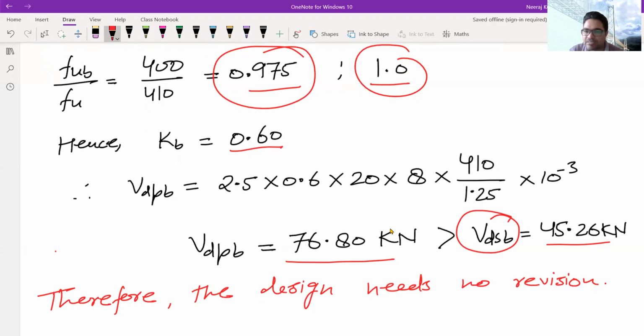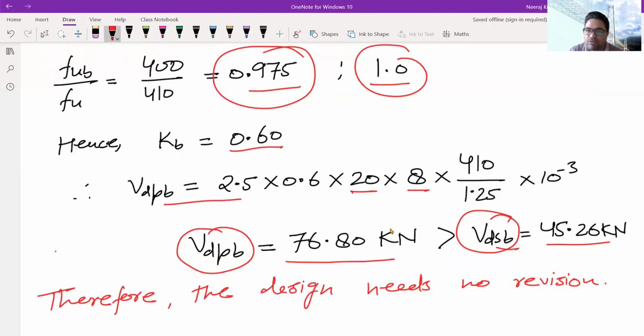If by chance this value is lesser than the VDSB, then we would be left with options, like we redesign. In the redesign, we would simply need to alter the value of BTB. How can we change this value? The 20 is fixed, which is the diameter.